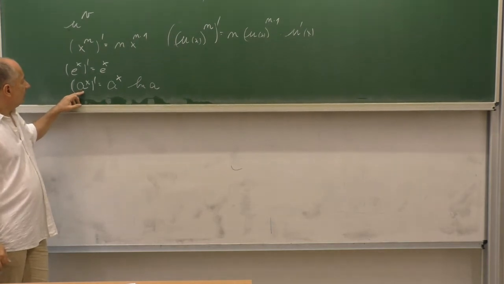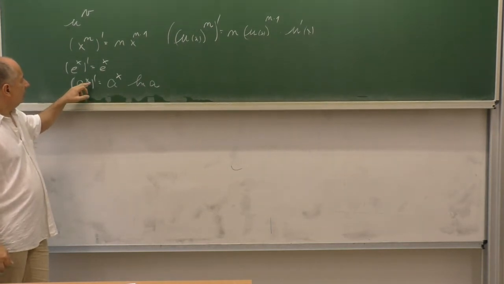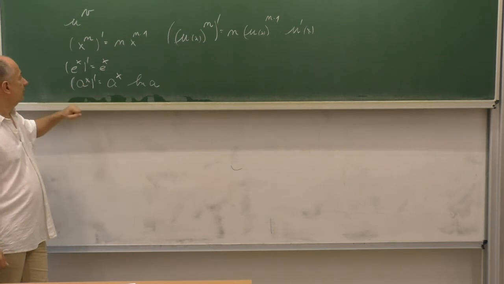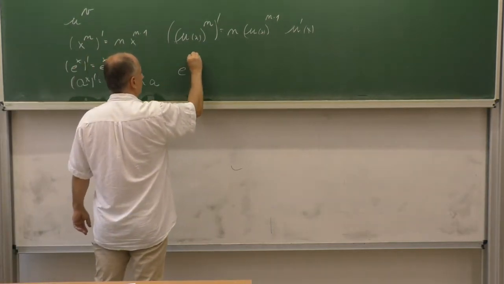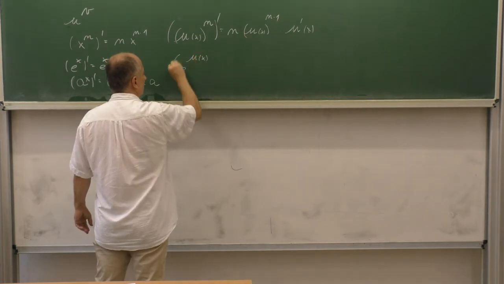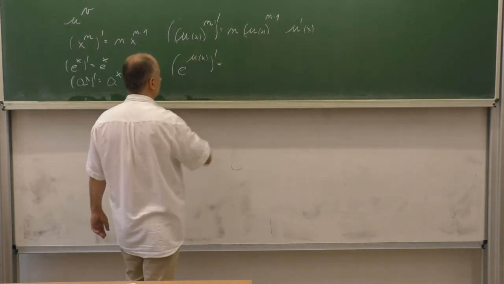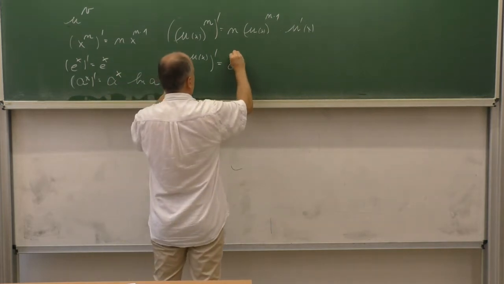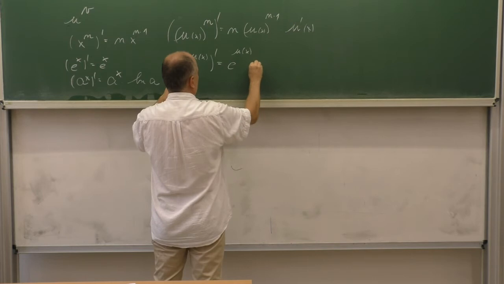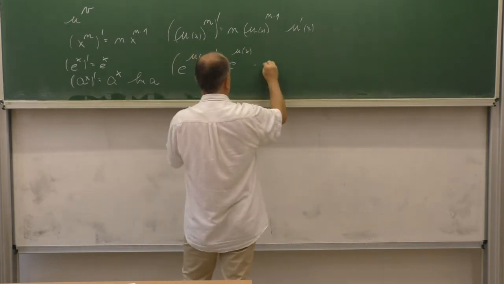Actually, instead of x, we can have any different function. So if we have e to u of x, derivative of that, then this is the function itself times the derivative of the inner function.